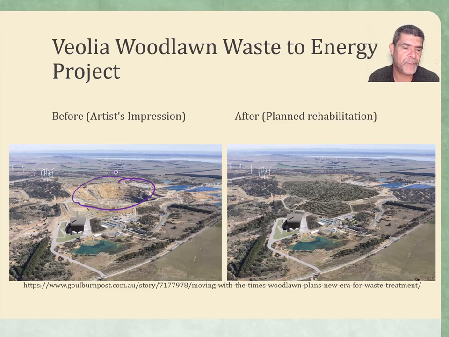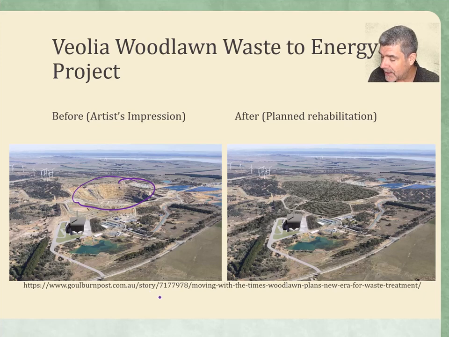I think this mine was originally the parent company or the company that became Rio Tinto had first access to this mine. They were mining metals, and then I think it transferred ownership through till about the late 1990s. And since then, it's now been reclaimed as part of the Viola Woodlawn Waste to Energy project.